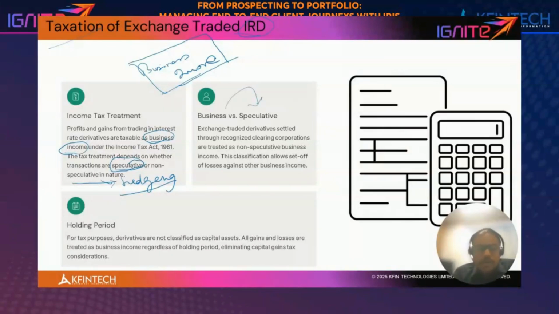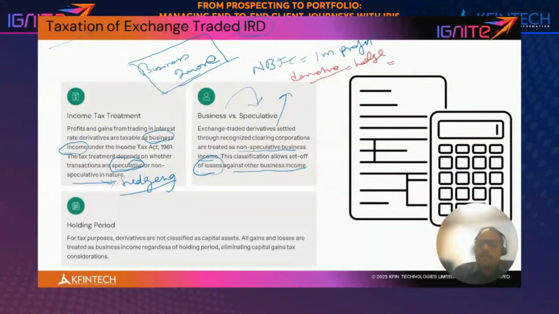Business versus speculative. Exchange traded derivatives settled through a recognized clearing corporation are treated as non-speculative business income. This classification allows set off of losses against other business income. Suppose a person is running an NBFC, and in the NBFC business he has a 1 million profit, for example, and within that same entity he is also entering into a derivative contract to hedge, right?